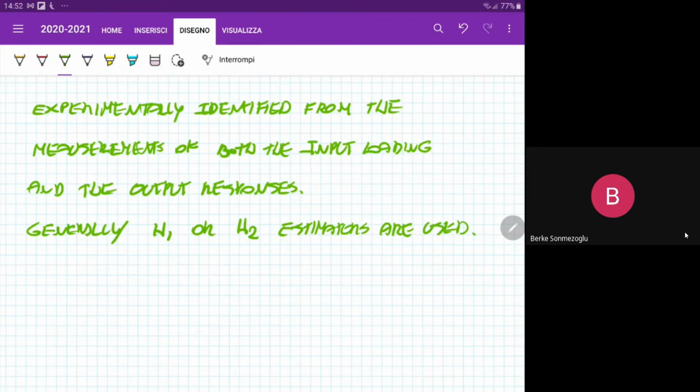Then in the experimental world, model parameters are identified from these estimates, okay, from this H1 or H2, that is from the response model.